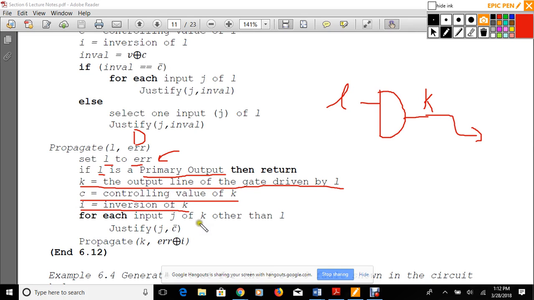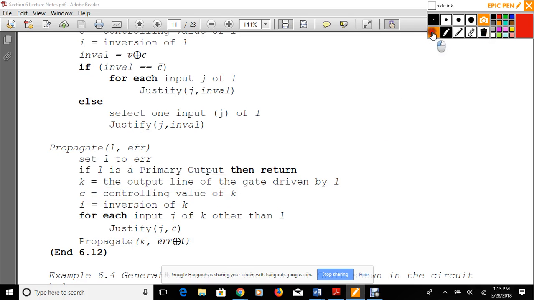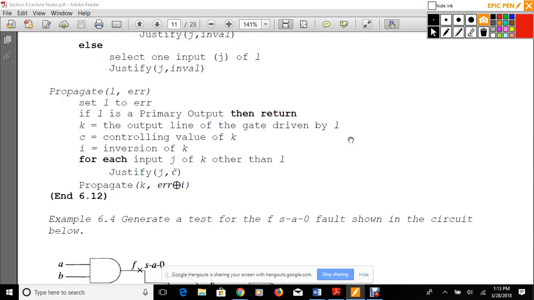And for each input J of K other than L, we want to run justify again. So it probably seems really complicated, but here's an example to show you how it actually works.